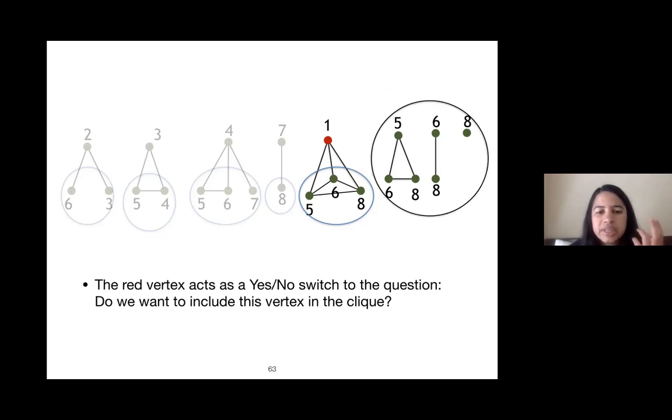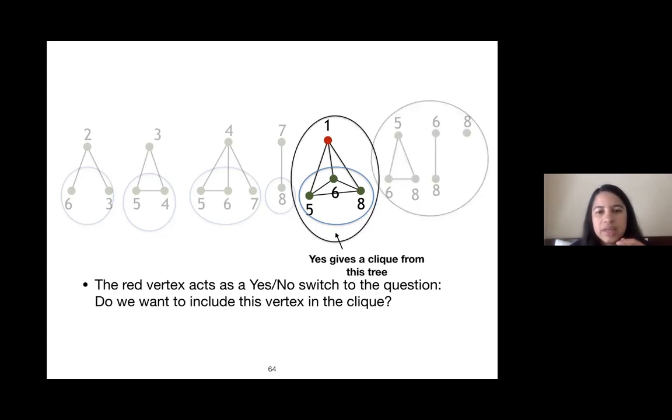So we treat the vertex 1 as a special vertex, or rather as a yes-no switch to the question, do we want to include this vertex in the clique or not? Yes gives a clique from the tree of 1, and no gives a clique that the enumeration algorithm would have discovered from the trees of one of the neighbors of 1.